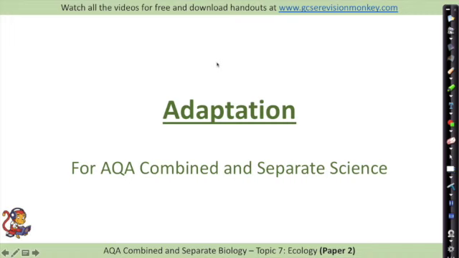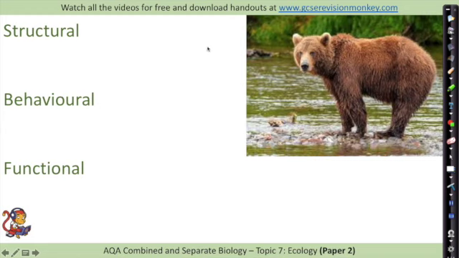Next we're going to look at adaptation, and we could be asked in the exam to either look at how plants or animals, or maybe even a fungus, is adapted to its environment. There are three levels of organisation within adaptations. First of all, we can look at structural adaptations, and in brief, this is really what the organism looks like.